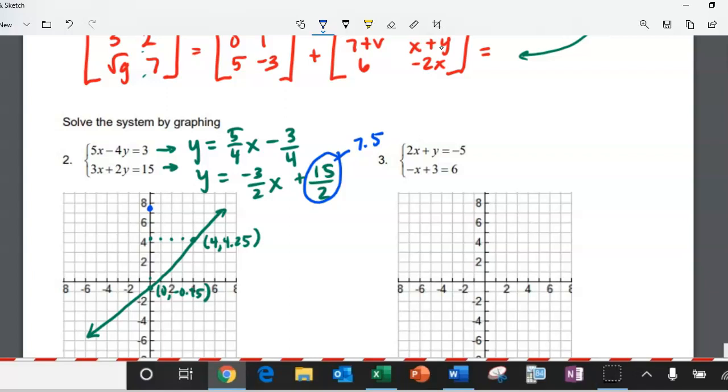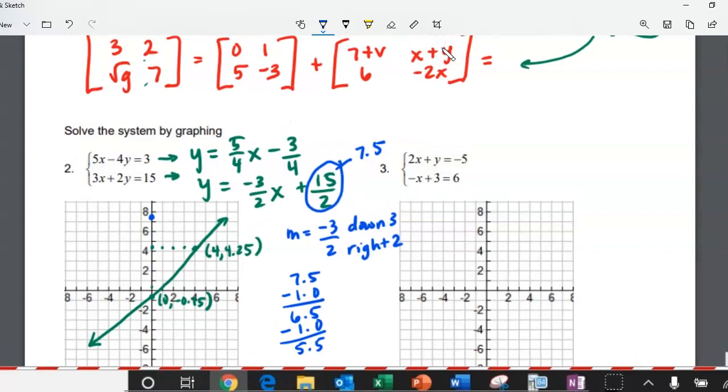Now the address on this one says I have negative 3 over 2, so I'm going down 3, and then I'm going to the right 2. So again, very carefully, I'm at 7.5, and I want to jump down 3. So if I take 1 away, 6.5. I take 1 away, 5.5.